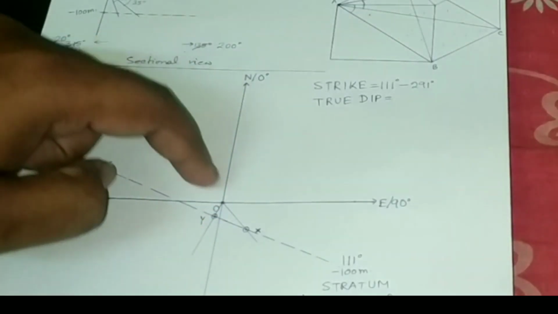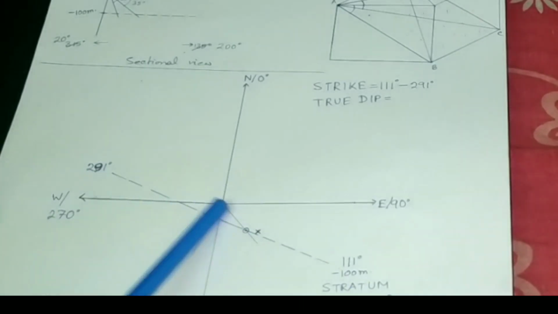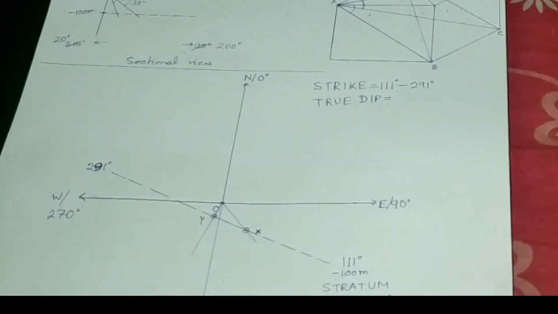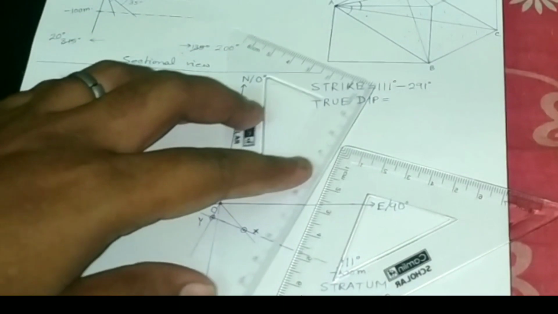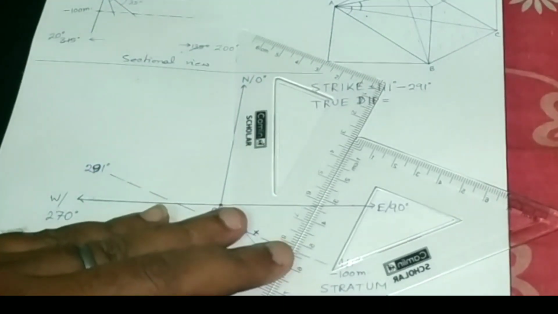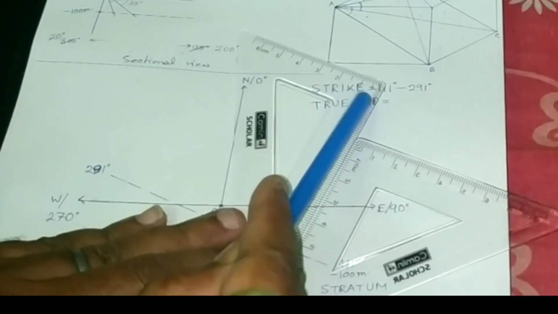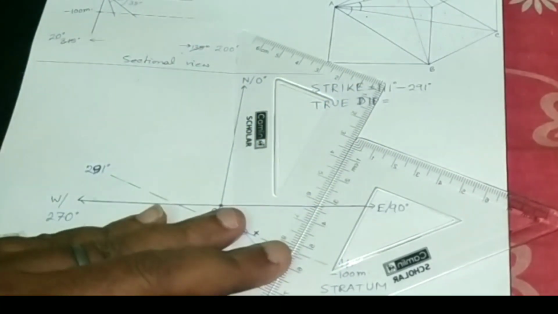So the 0 meter strike line will also cut the point O, maintaining similar strike. So by set square we need to draw this. In the set square you can see why we use it for constructing parallel lines. This angle is 90 degree, this angle is 90 degree.